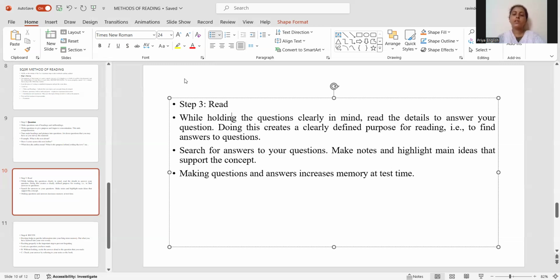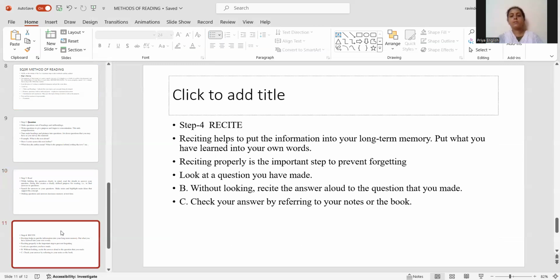Making questions and answers increases your memory. This is a very engaging activity wherein your mind will be totally engrossed and engaged in the reading.